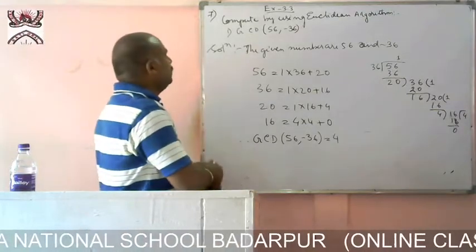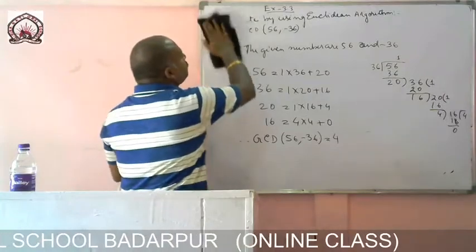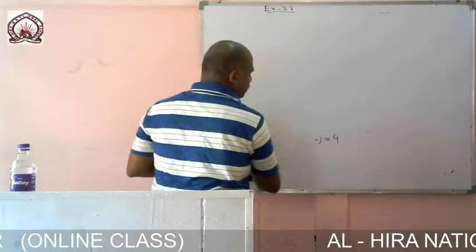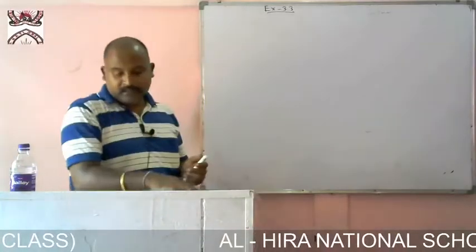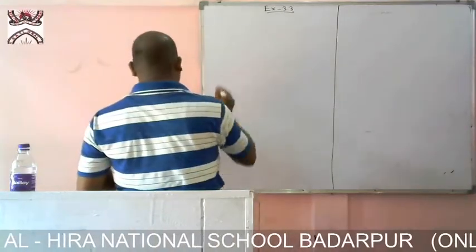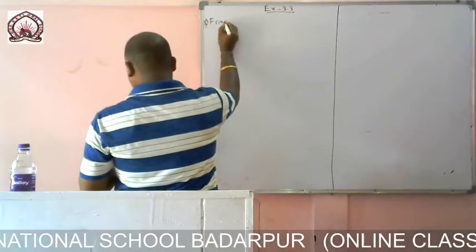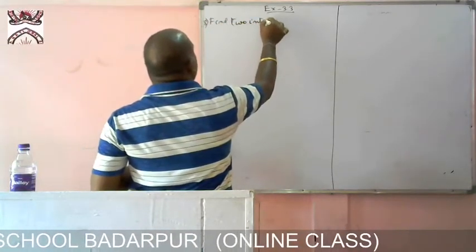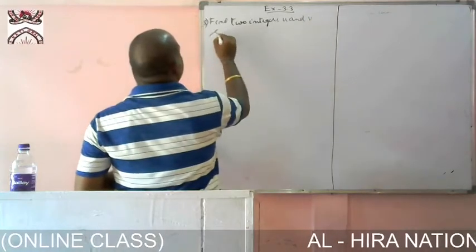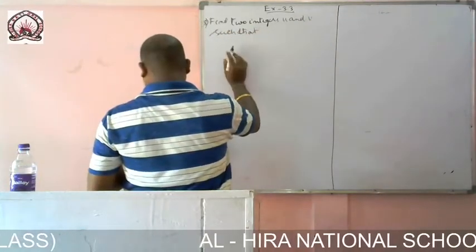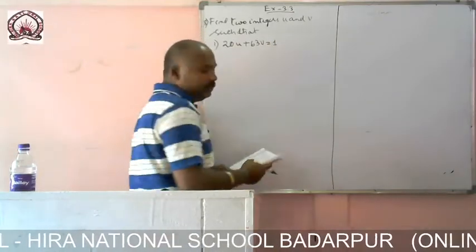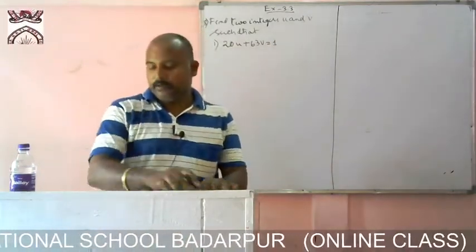Now, the next question, number 8. Find two integers u and v such that 20u plus 63v equal to 1.